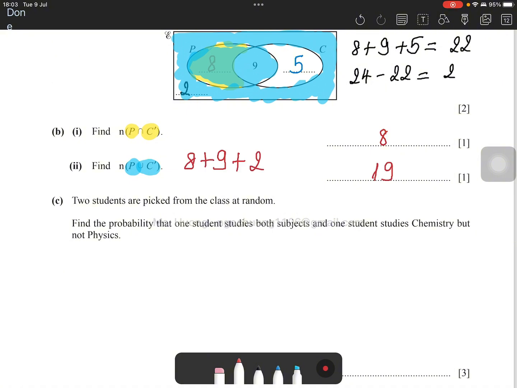C. 2 students are picked from the class at random. Find the probability that 1 student studies both and 1 student studies chemistry, but not physics. So there are 2 cases. Maybe the first student studies both, and then the second student only studies chemistry.